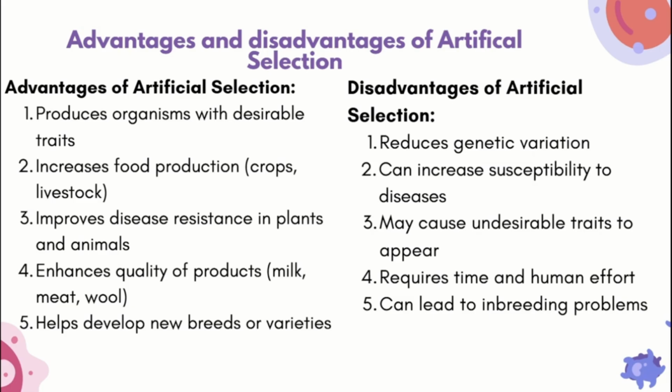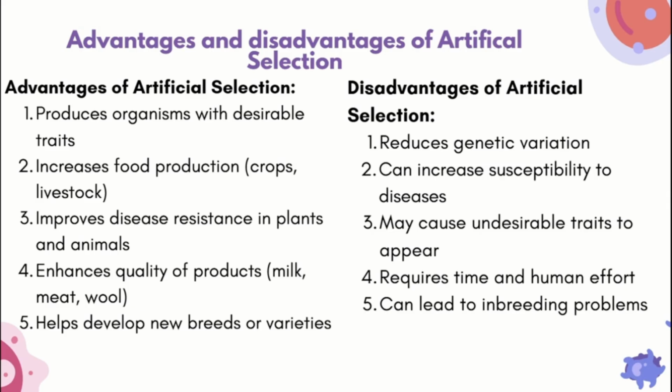The next thing about artificial selection is that it requires time and human effort. Time and human effort. And the last one says it can lead to inbreeding problems. So basically, I believe that not everything that can be tampered with should be tampered with. Something we should leave alone, because sometimes we don't know what we're putting together or what can happen.